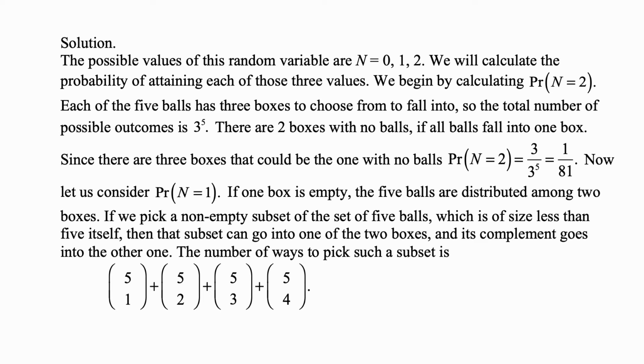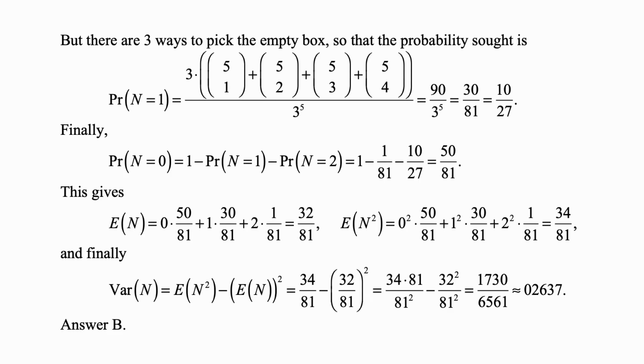The number of ways to pick such a subset is 5 choose 1, plus 5 choose 2, plus 5 choose 3, plus 5 choose 4. But there are 3 ways to pick the empty box, so the probability sought is 3 times the sum of those 4 numbers, divided by 3 to the 5th. That's 90 over 3 to the 5th, or 30 over 81, or 10 over 27.